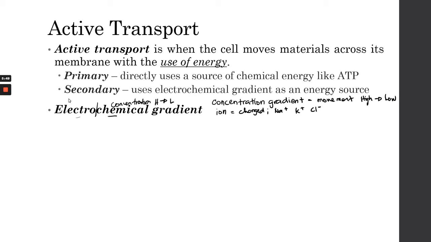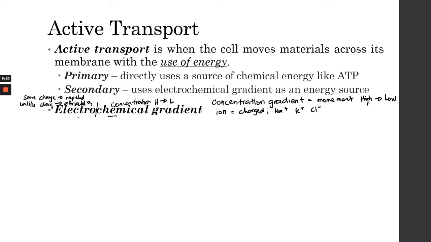And then there's also an electrostatic gradient, which is very simple, something we're already familiar with. It is simply the idea that same charges are repelled, while unlike charges are attracted.